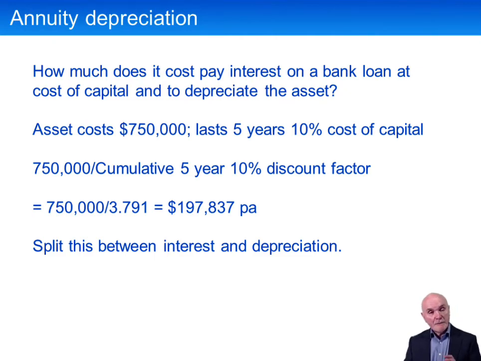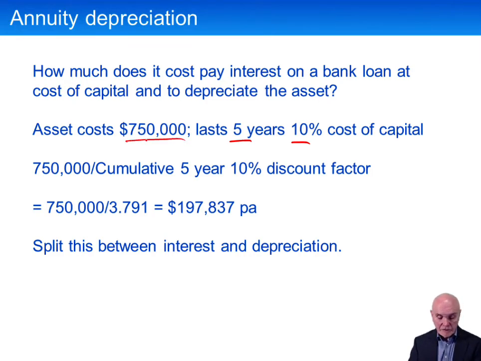If we're going to be repaying the loan and interest in equal installments, exactly the same amount each year, the way you can find the installment is to say, right, our interest rate is 10%, we're repaying over 5 years, we're repaying 750,000 and its interest over 5 years.